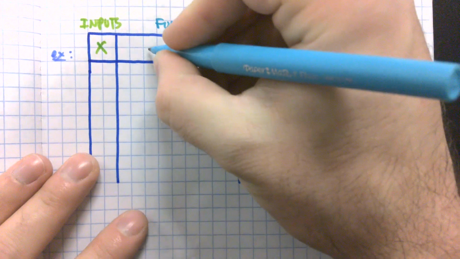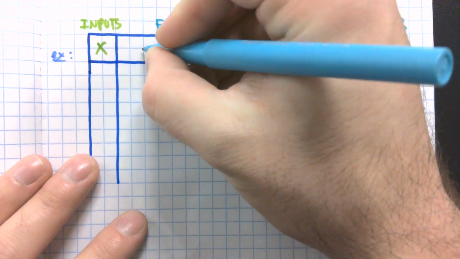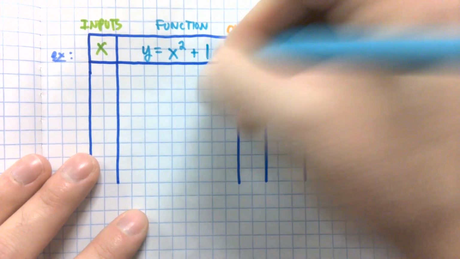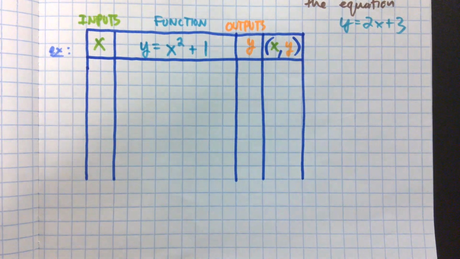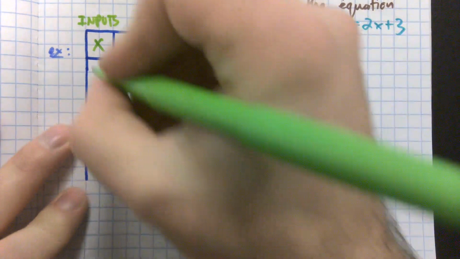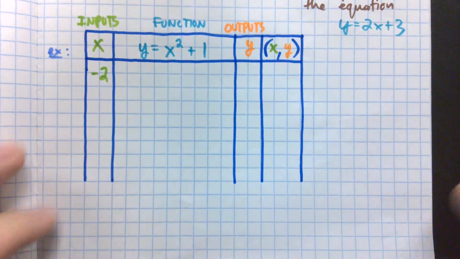Let's do y is equal to x squared plus 1. And our first input is going to be -2.